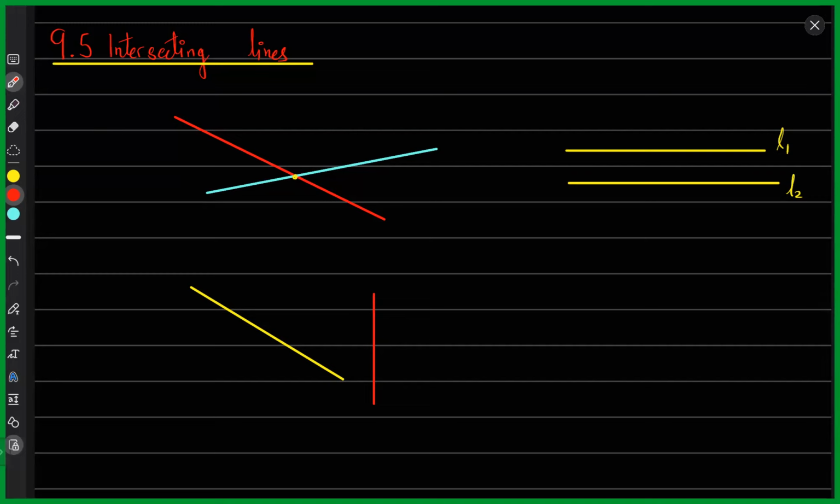Still, the lines are not intersecting each other. So we are going to call them skew lines. And these were parallel lines. And here the lines are intersecting. So this is something that we need to understand about intersecting lines.